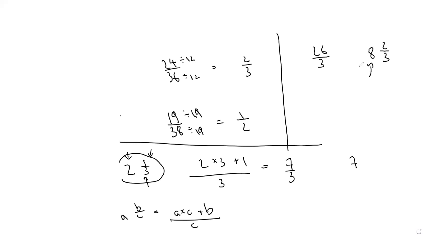A lot of people will mistakenly use 24 as the whole number, which is understandable because that's what it goes up to, but you only use the number of times it goes into the top number. And then this is always the remainder, and this is always your original denominator. So that is that one.